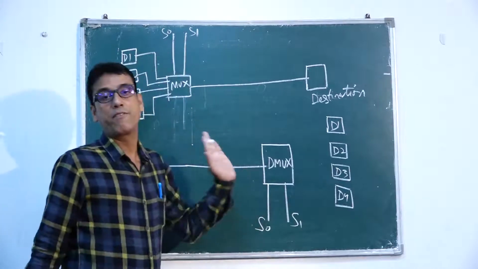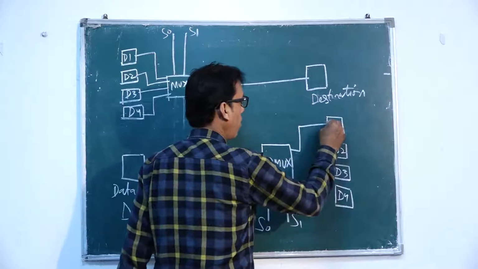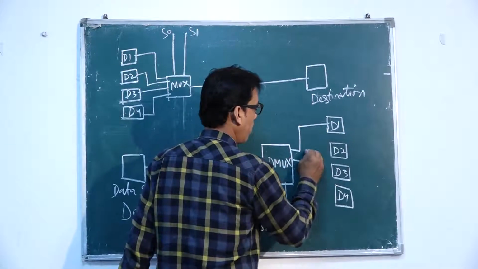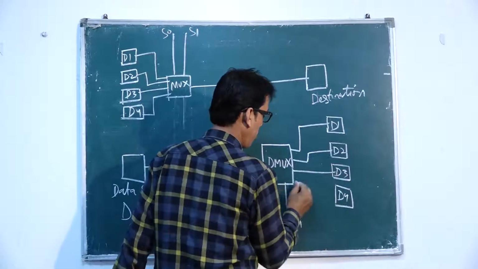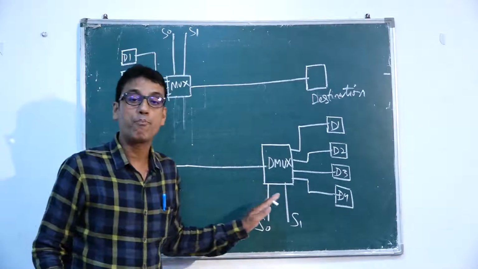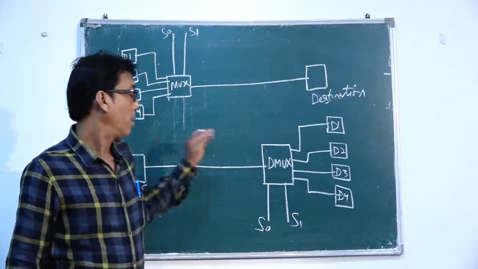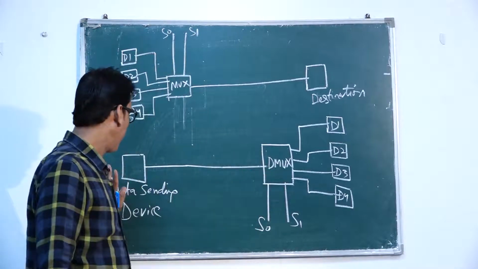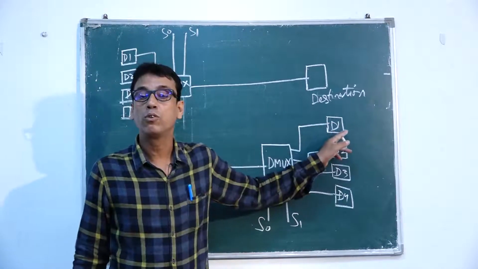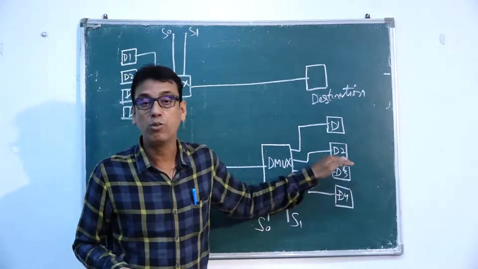This selector line will decide. Connect all the 4 devices with this. If the operating system puts 0, 0 on the selector line, then the data sent by this device will be delivered to D1. In the case of 0, 1, the data will be delivered to D2.